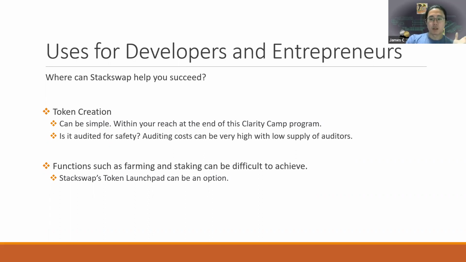And a couple other things to consider when creating code: is it audited for safety? Sometimes for platforms that aim to have a wide range of users using their deployed code, auditing costs can be a real issue because there are, I think, only 3 or 4 auditing firms. It's such a low supply that they can basically raise their prices.